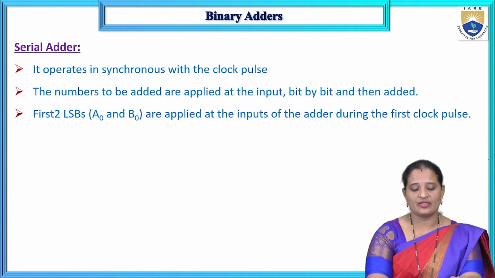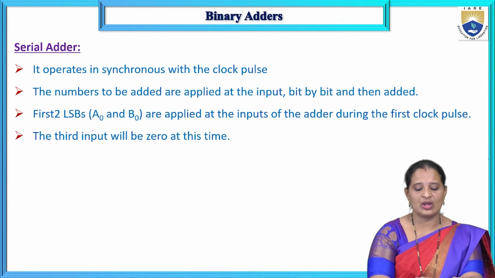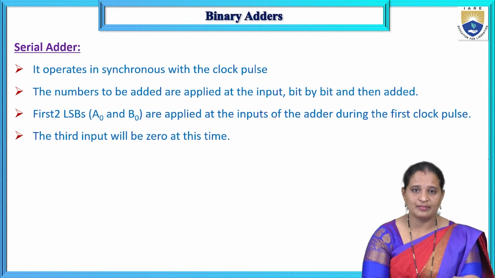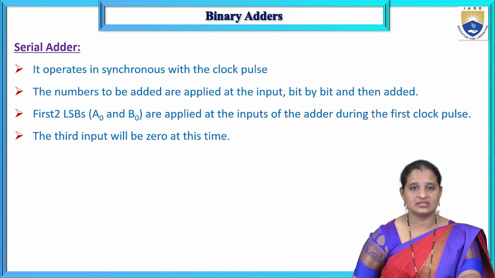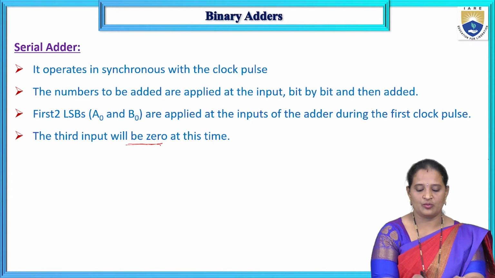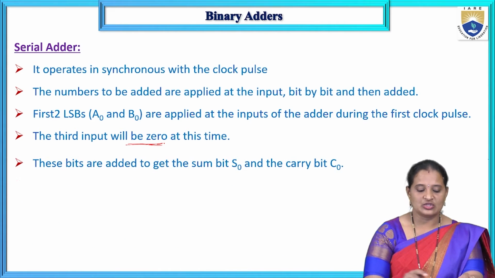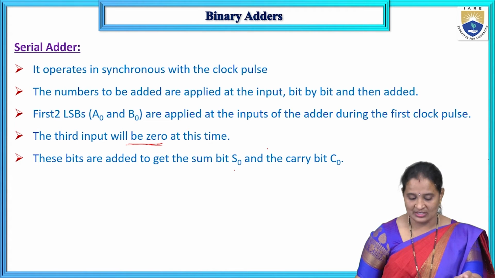The first two LSBs are applied at the inputs of the full adder during the first clock pulse, and the third input to the full adder is considered to be 0 for the first time. Next, these bits are added to get the sum bit S0 and the carry bit C0.